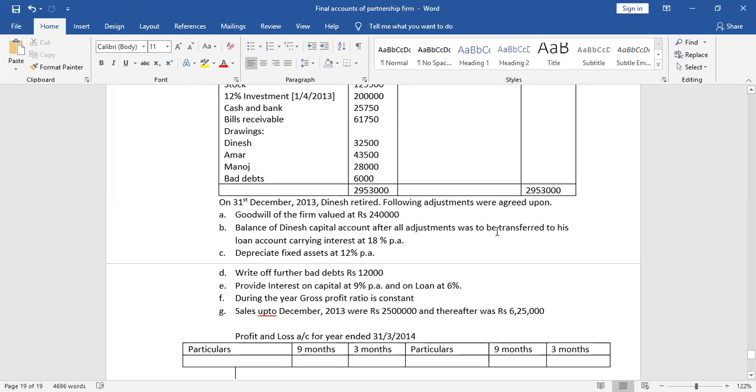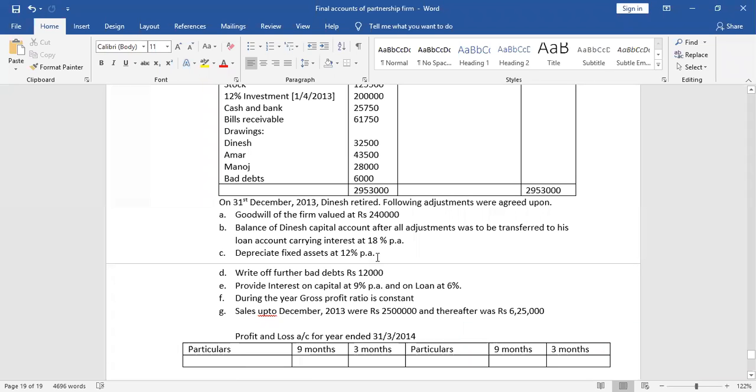Whatever amount has to be paid to him will go to his loan account, not paid on the spot, and he will receive 18% interest on that account.